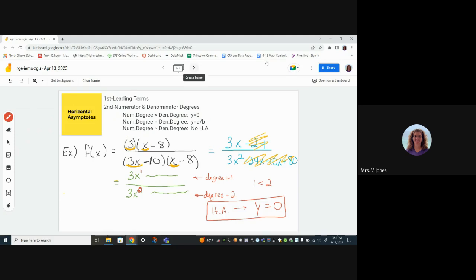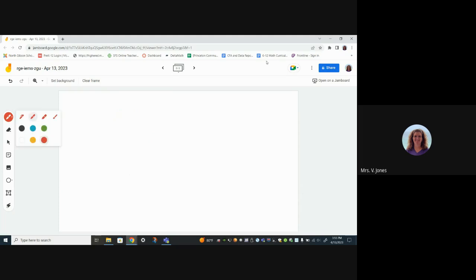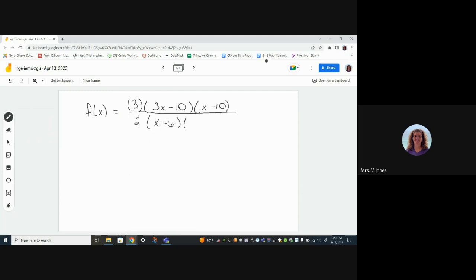All right, so let's look at another problem. I'm going to put the 3 in parentheses, and I'm going to put the 2 in parentheses to remind you that that is actually a factor. Do not forget about those out front.